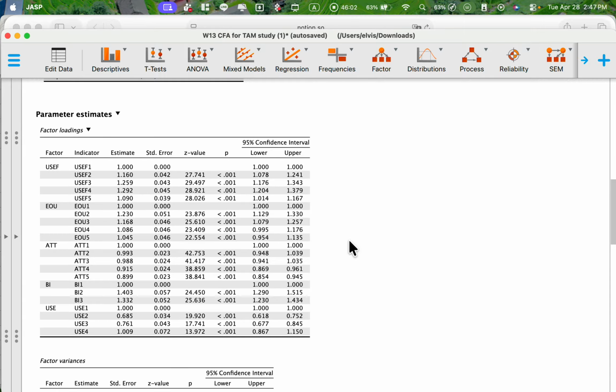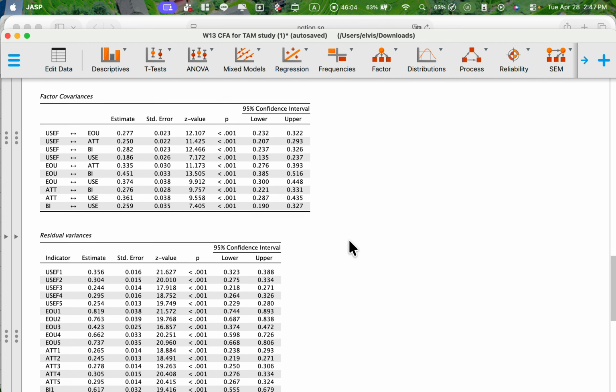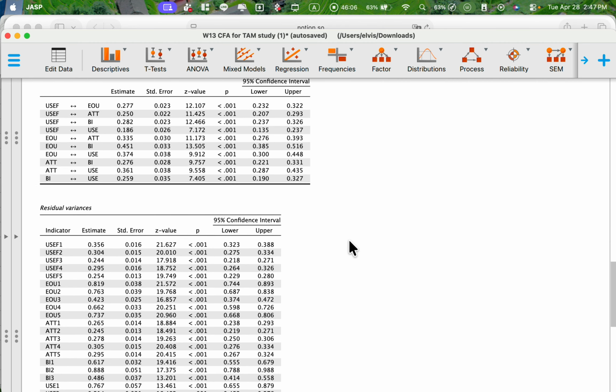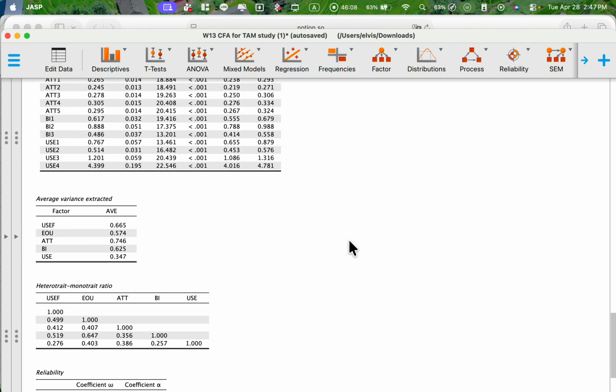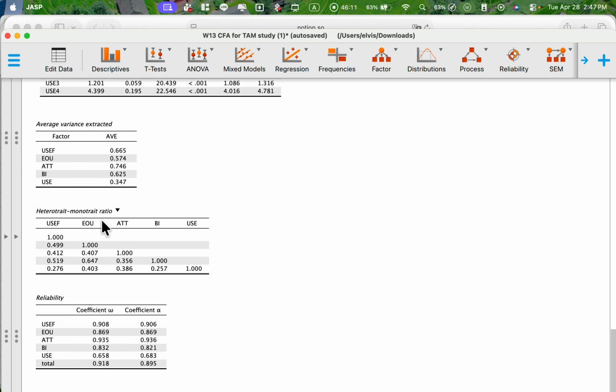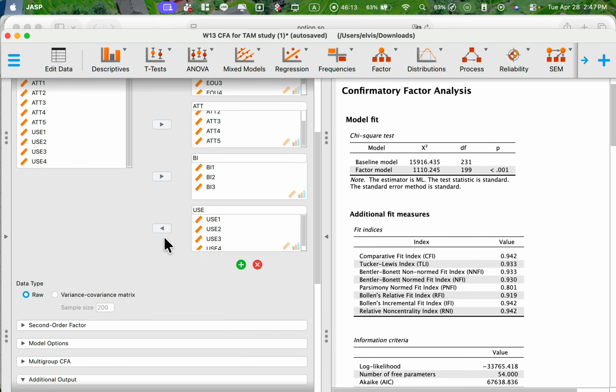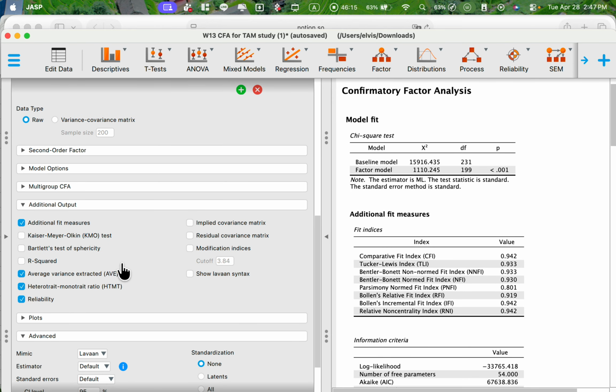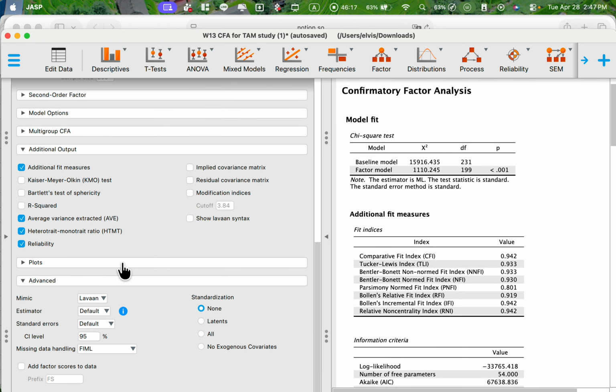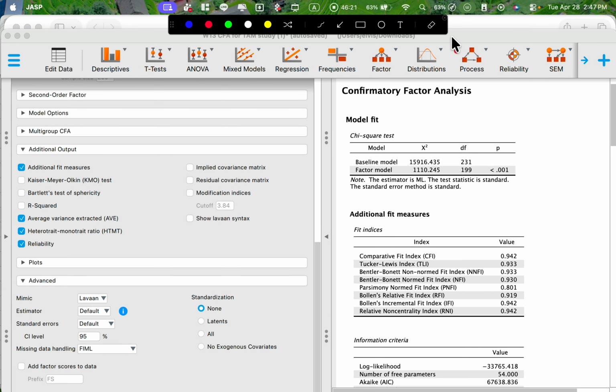Let me check the factor loading. Okay, I forgot one thing. For the factor loading, I need the standardized factor loading.